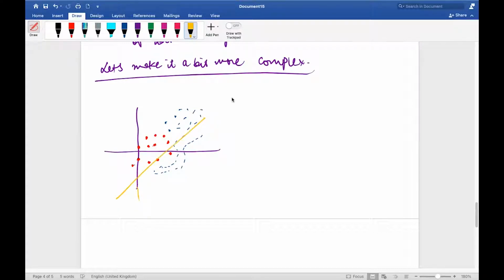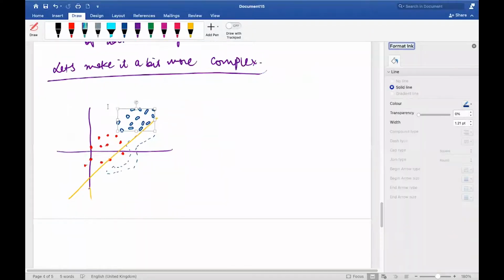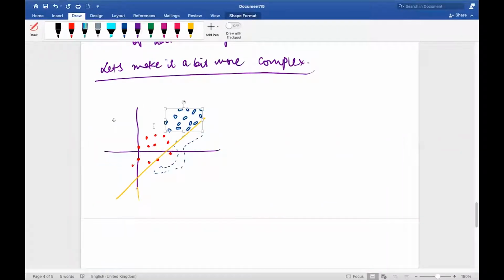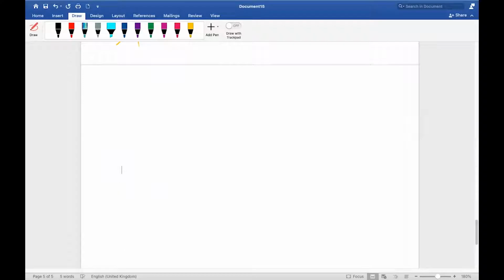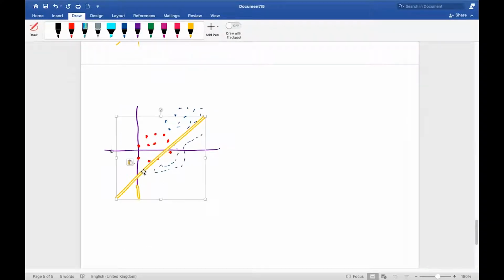Okay, this is one line that I have separated by rough hand. Let's say this, and another way of separating this is I am doing like this.